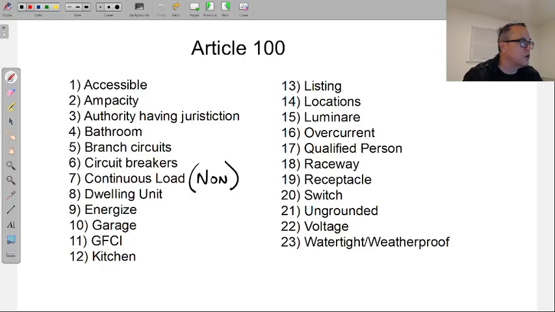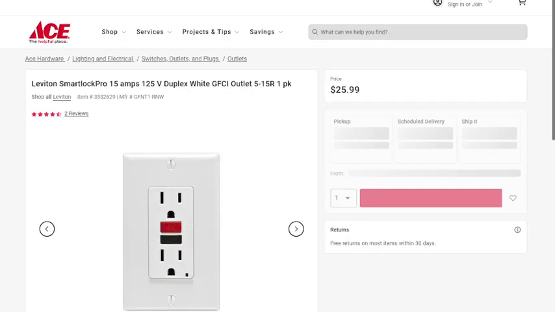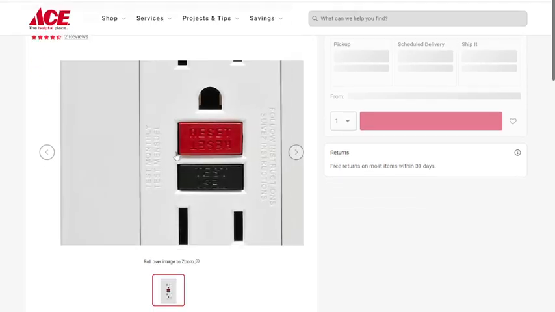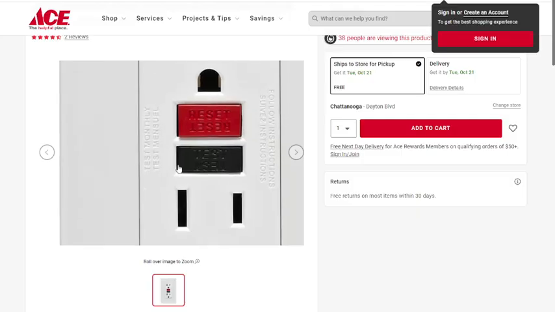So first, let me just show a GFCI outlet, make sure everybody knows or has at least seen one, so you can look at the distinguishing factors that make up the GFCI. One second as this pulls up. So it's these outlets, right? It's not your regular standard outlet. It's this one here that has that reset, and it has the black one.